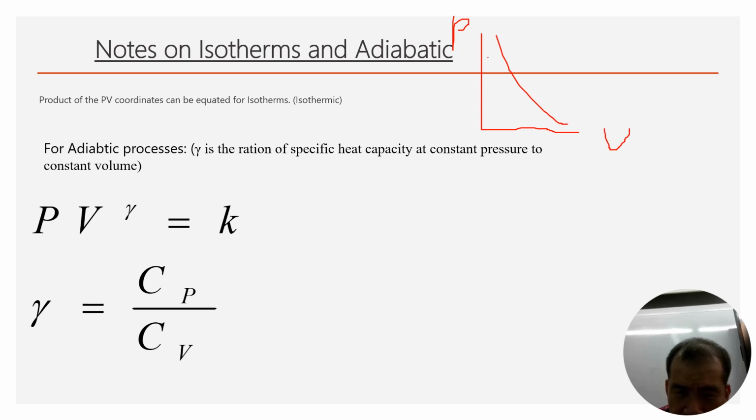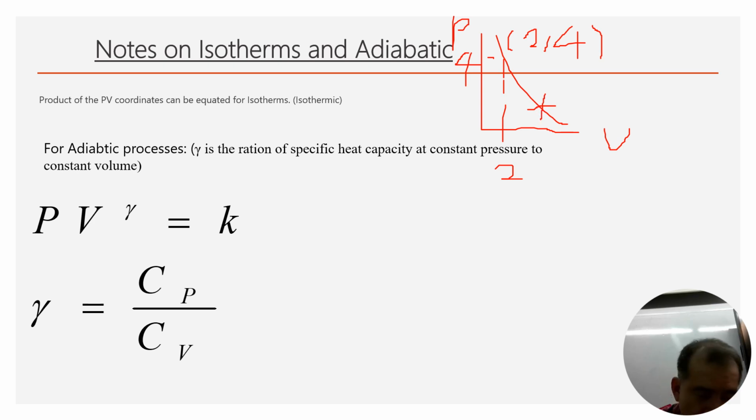Let's say my first coordinate has volume 2 and pressure 4. Because P1 V1 is the same as P2 V2 for Boyle's law, moving to a second pair of coordinates all takes place at constant temperature on the isotherm.